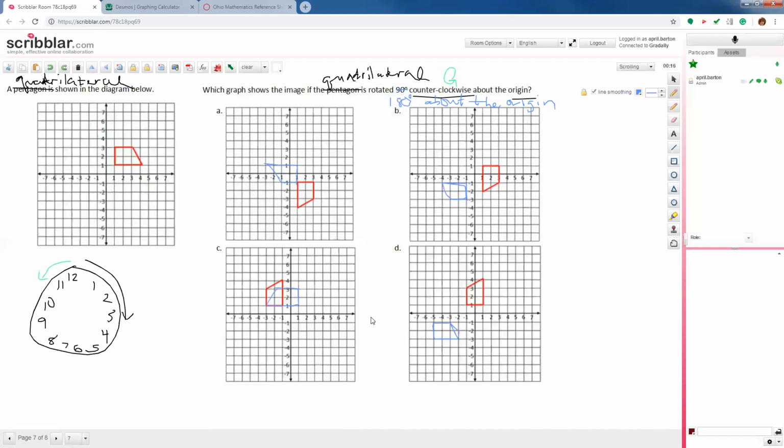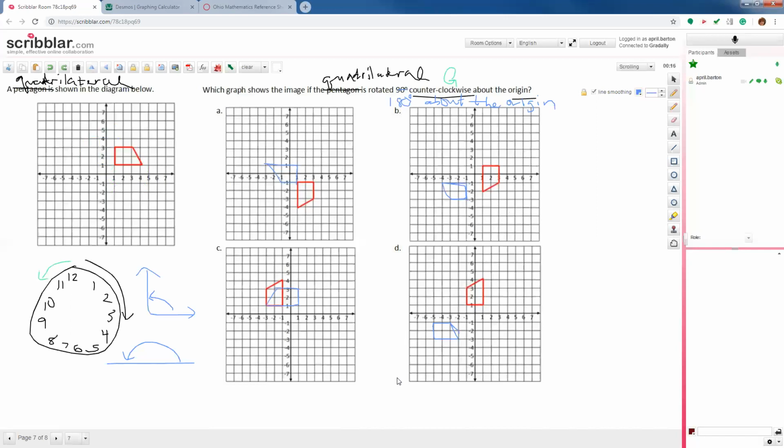There's really three things we have to think about. What direction, where's the rotation happening, and 180 degrees, what does that mean? So we knew 90 is a right angle. 180 is a half circle.